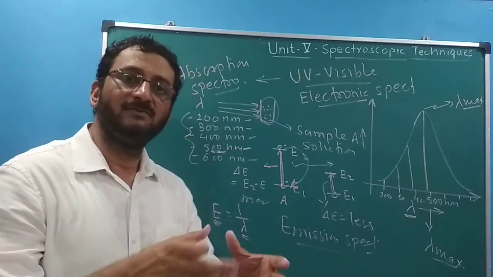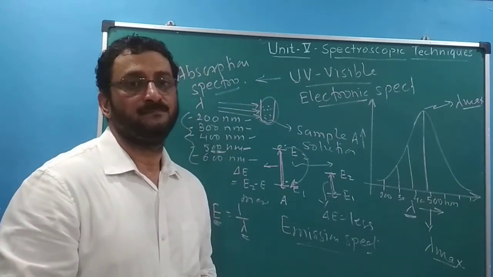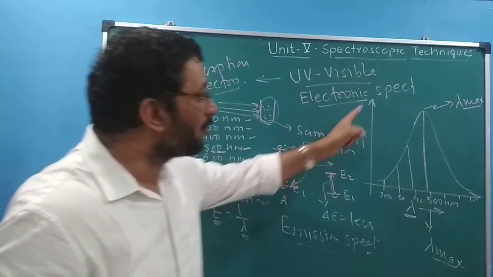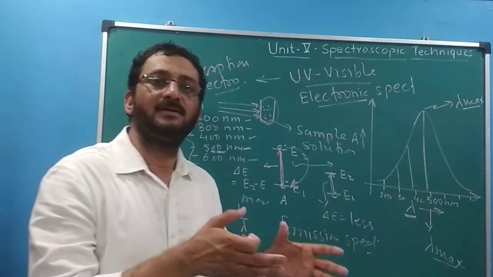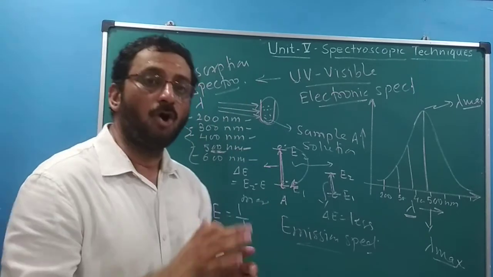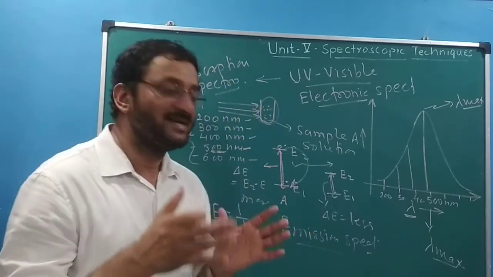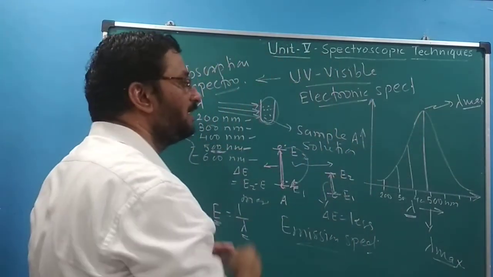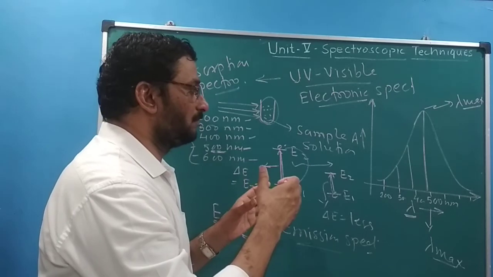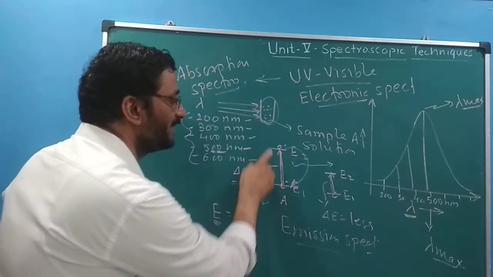The light absorbed will bring out changes in the sample, and these changes are recorded in the form of a graph. What type of light the sample absorbs depends on the structural feature of the sample. So by studying what type of light is absorbed, it is possible to give the correct structure of the sample, and it all depends on the energy gap.